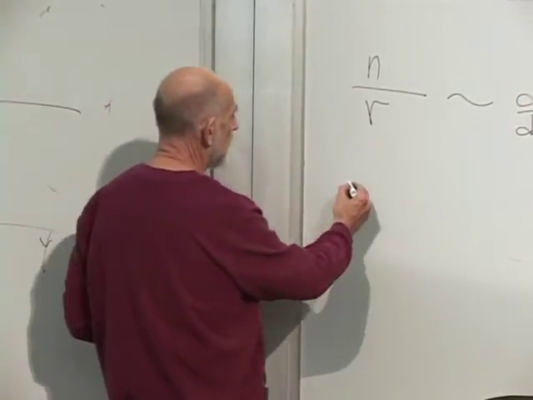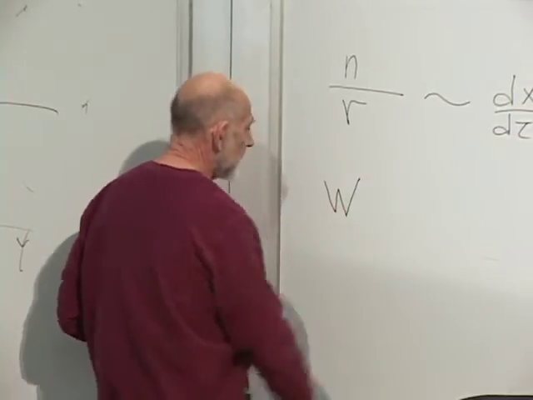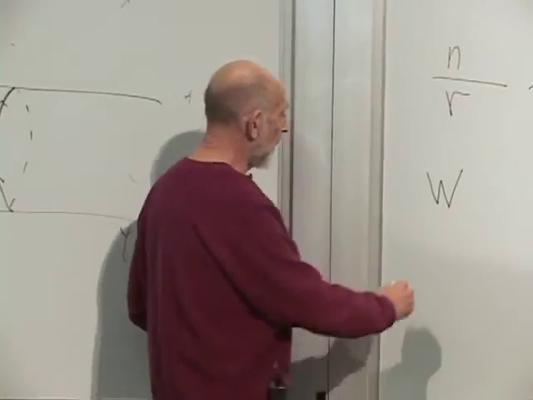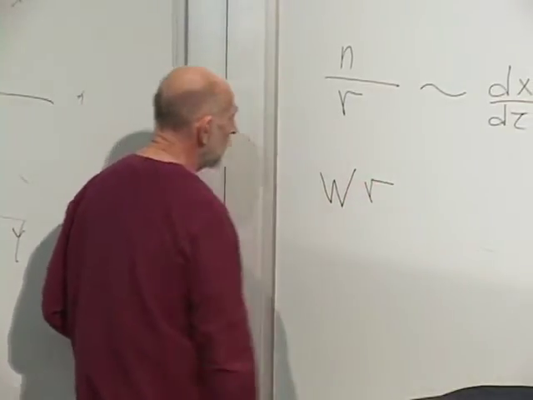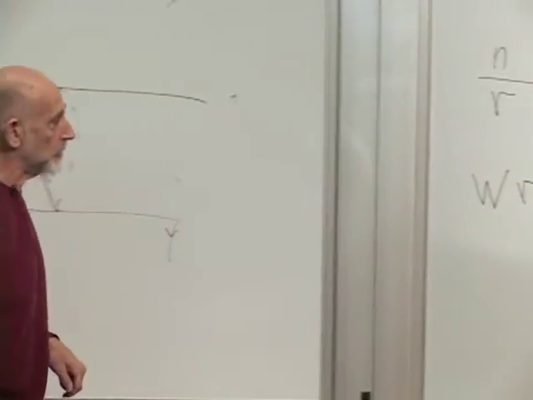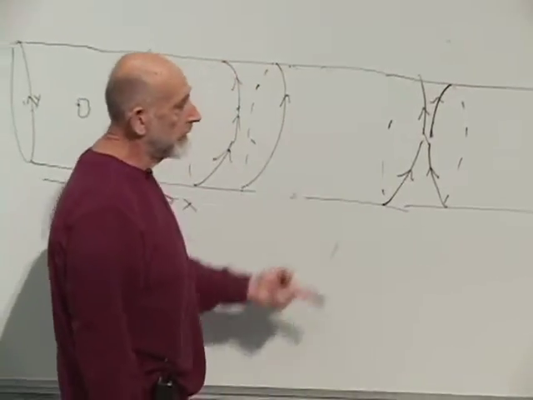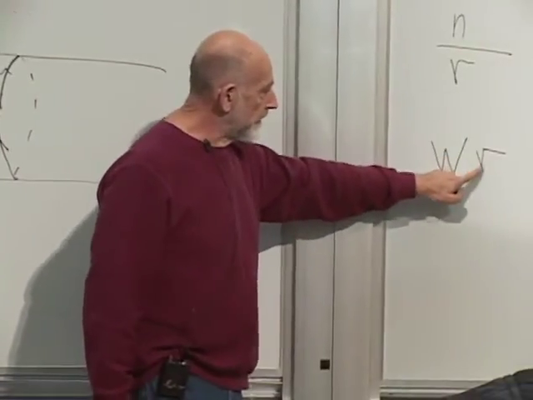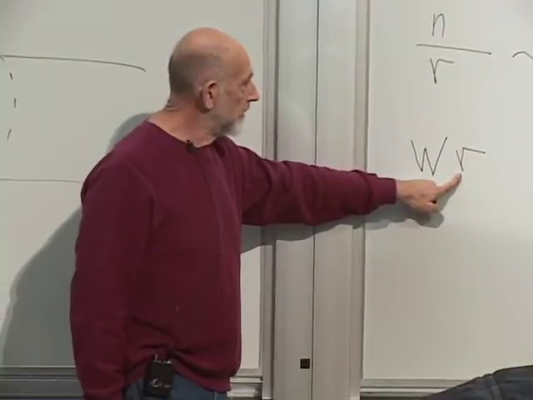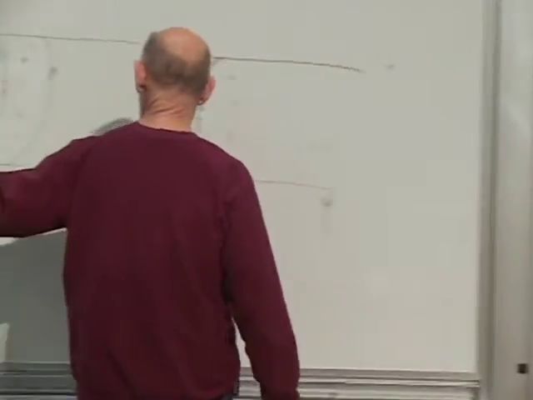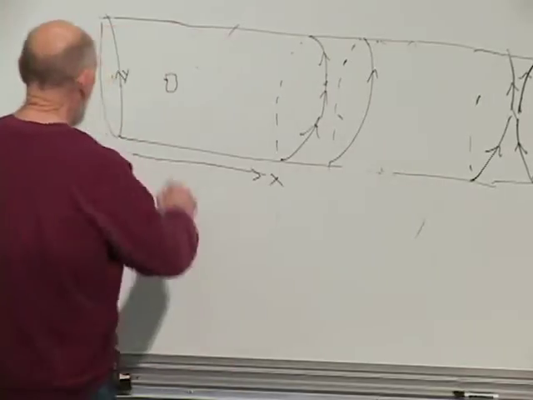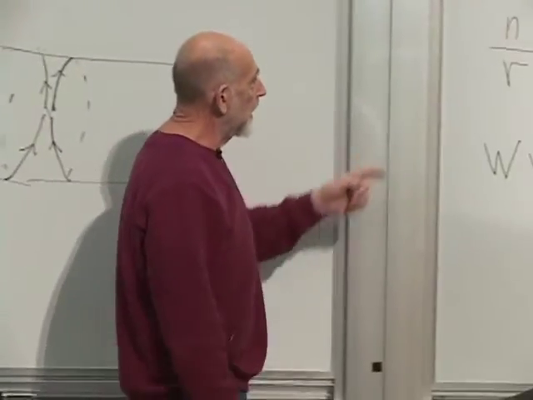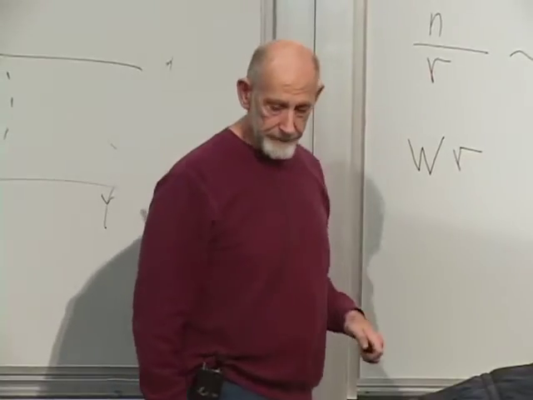I'm going to call the other integer w. W stands for winding number, times r. The energy of a collection of strings which are wound around here are the integer winding number times r, whereas the energy of a string which is not wound around the compact direction is n divided by r.